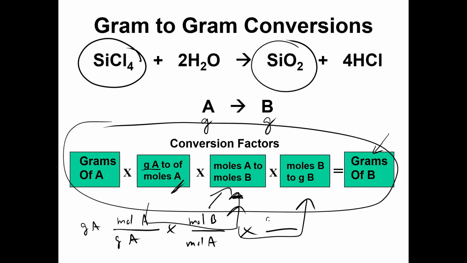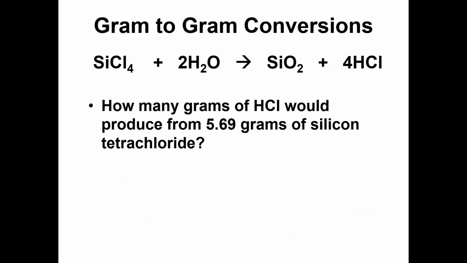And then finally go to grams of B divided by moles of B, so that your units are always canceling, and that you end up with the units that you're asked for. Okay, so let's practice a few of these.